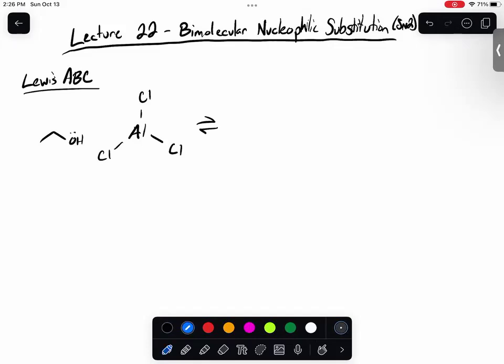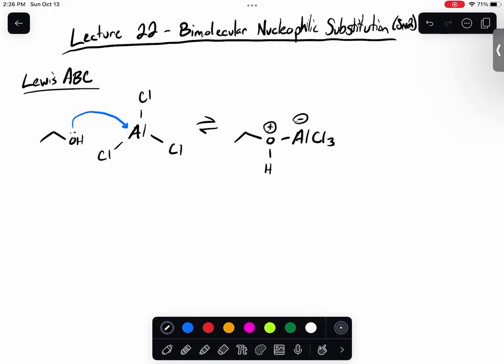So essentially, the oxygen goes in, it forms a bond to that aluminum, and then it has now that Al-O bond, which is then a coordinated complex that is now associated.